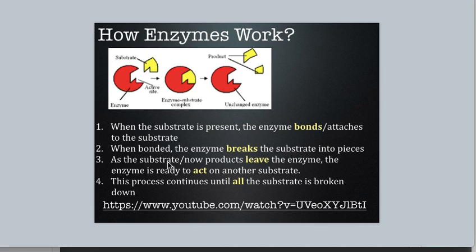And as the substrate, now products, leaves, the enzyme is ready to act on another substrate. So pepperoni comes in, meets with an enzyme. It takes a piece of that pepperoni and it breaks apart into 2 different amino acids. And then this process is going to continue until all the substrate is broken down. So when all the pepperoni is gone, there's nothing left.